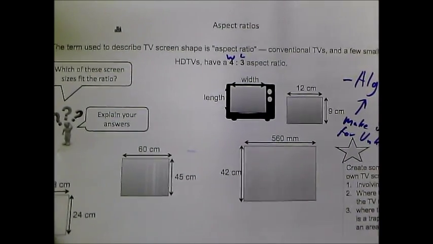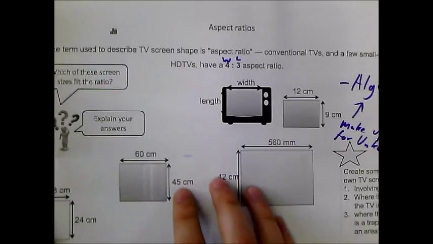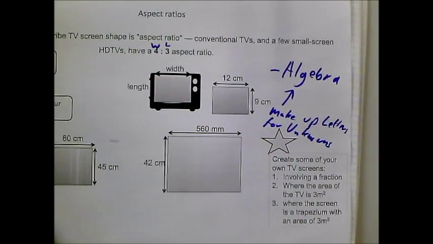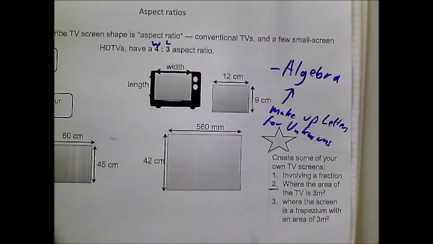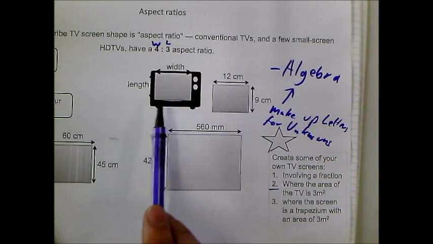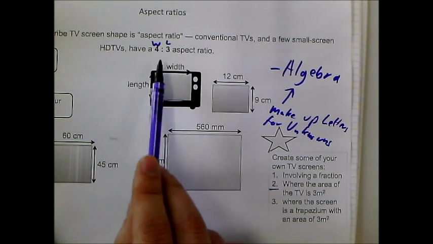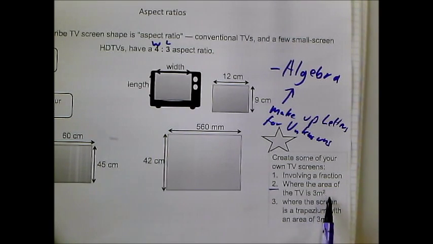What we're particularly interested in today is the extension question, where we wanted to make some of our own TVs which fit certain criteria. If we look at question 2, we're being asked for the width and length of the TV screen, which stays in our aspect ratio, but the TV screen area is 3 meters squared.